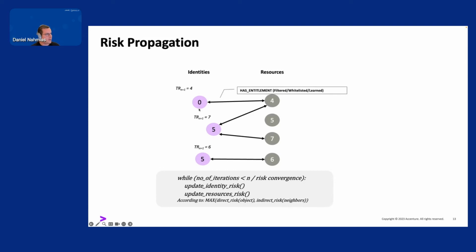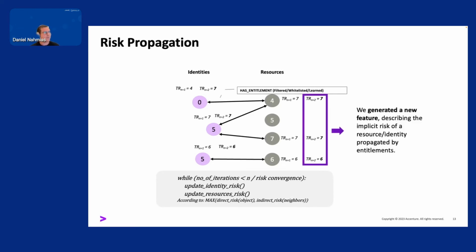And once we have that, we update the total risk of an identity accordingly, and then we can iterate to the other side. So this identity right here will get the max value between 4, 4, and 7. Then we can go on until we reach a specific number of iterations, or until we reach convergence and we see that risk is not propagating anymore.